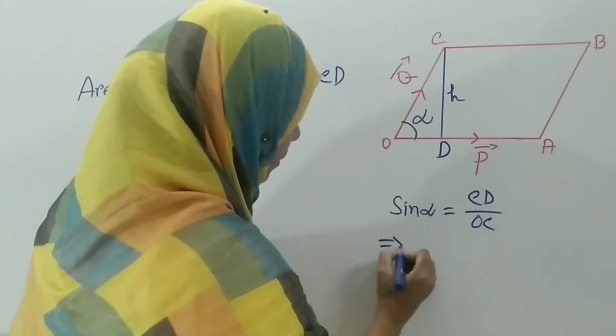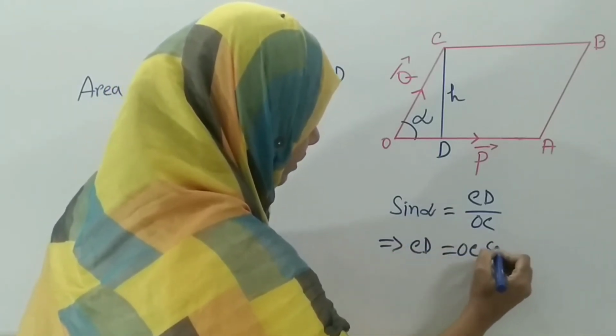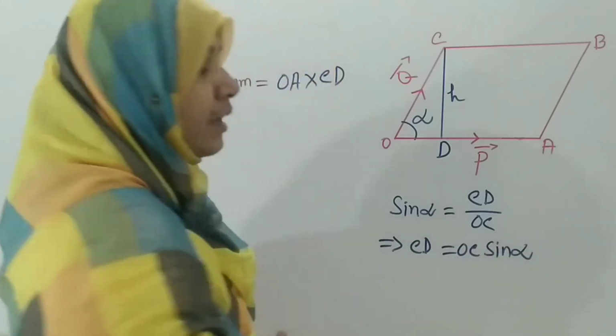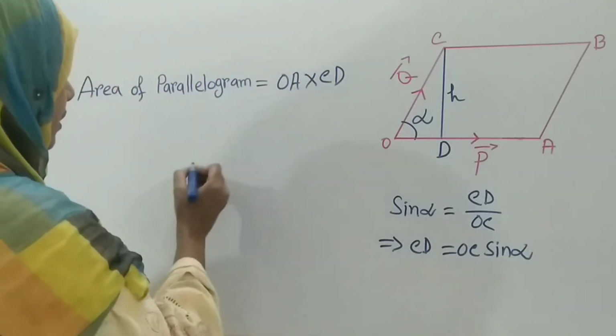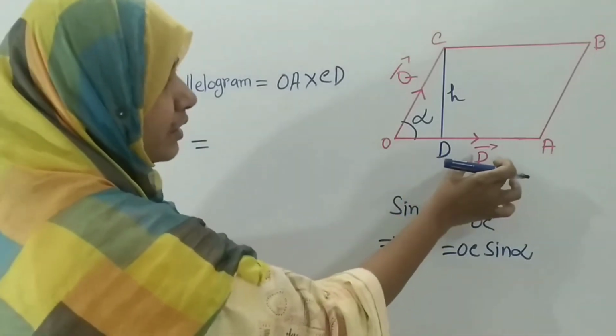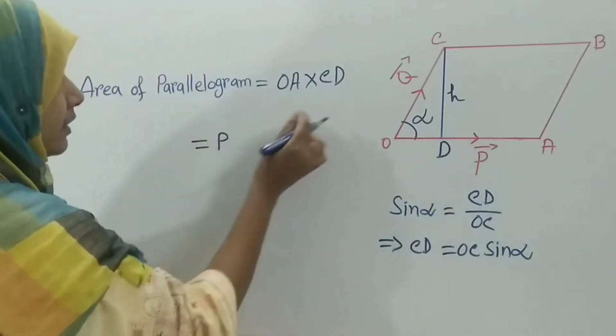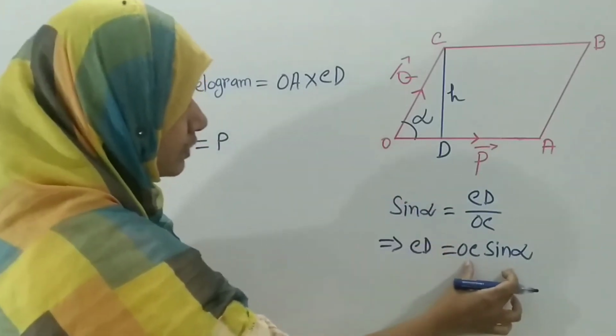So CD is equal to OC sin alpha. Now we can write OA, which means the magnitude of vector P, and CD, which means OC sin alpha.